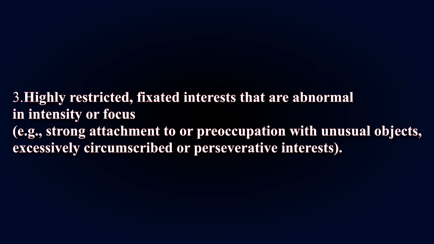3. Highly restricted, fixated interests that are abnormal in intensity or focus, e.g. strong attachment to or preoccupation with unusual objects, excessively circumscribed or perseverative interests. This is all about special interests. These are interests that, as autistic people, we focus intently on.